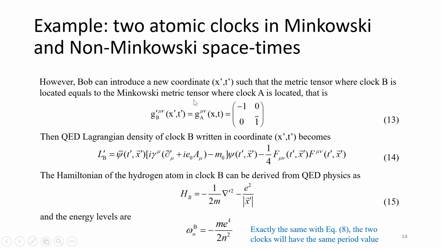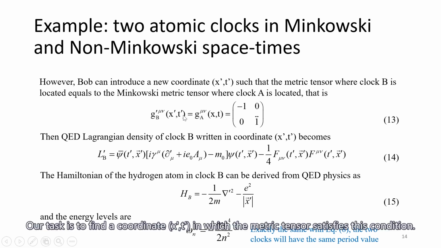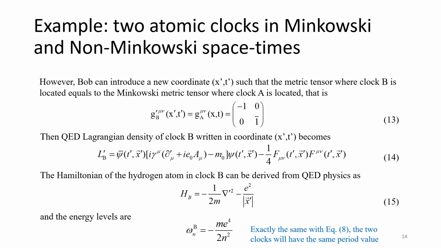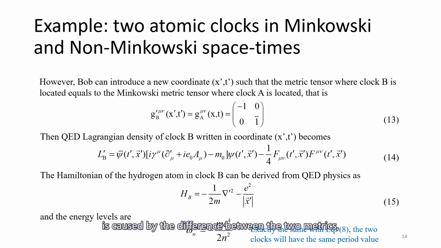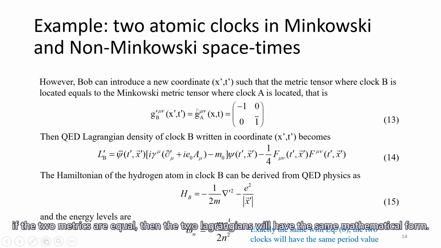So what is the motivation for doing this? Because our task is to find a coordinate x prime, t prime, in which the metric tensor satisfies this condition. All the differences between the mathematical forms of the two Lagrangians, LA and LB, are caused by the difference between the two metrics. If the two metrics are equal, then the two Lagrangians will have the same mathematical form.